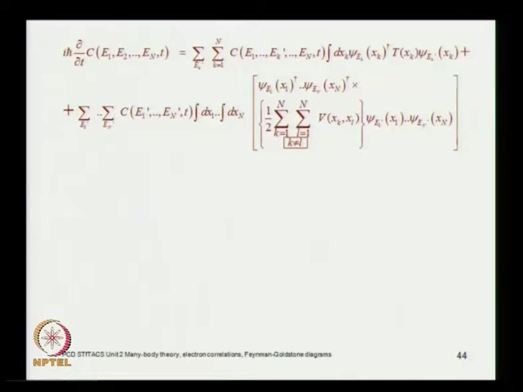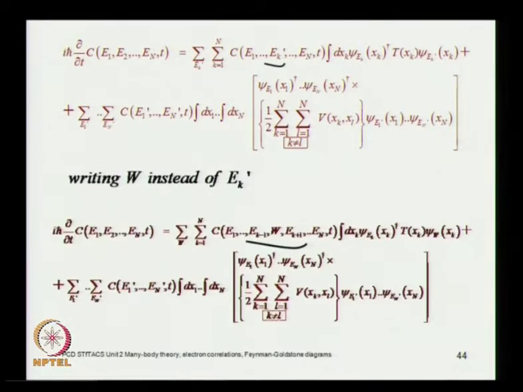I have written it here at the top of the slide, and now instead of ek prime I use the letter w just to focus attention on it, because it is a particular state over which you must sum. Ek prime is a dummy label, you can change it to anything you want, and just to remind us that this is the one being summed over, we write it as w.